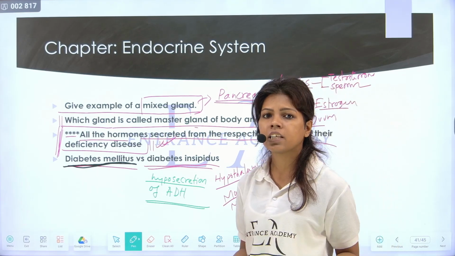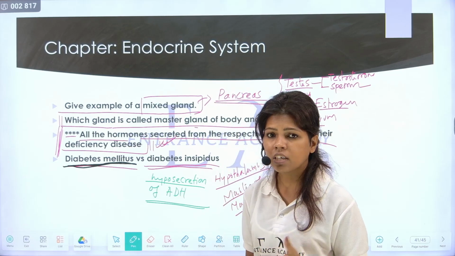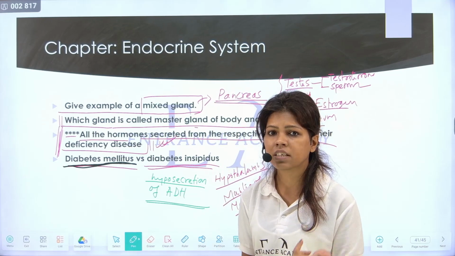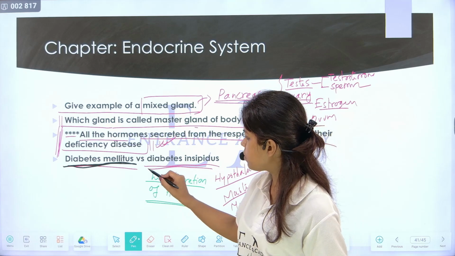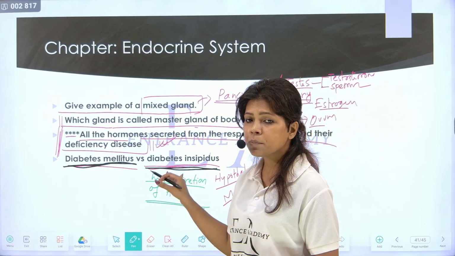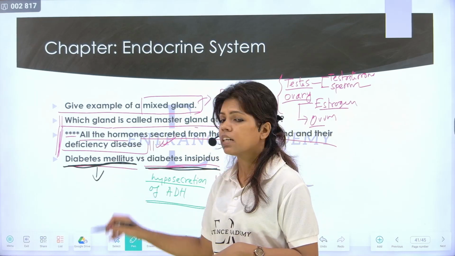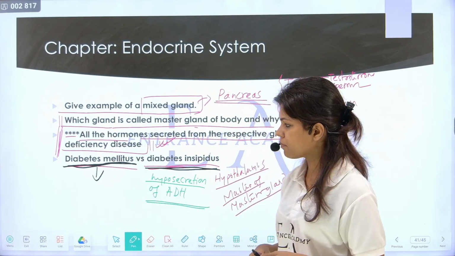Urine will be more diluted. So it will release excess water from our body, leading to diuresis or dehydration. And this problem is known as diabetes insipidus. But in case of diabetes insipidus, there is no sugar in the urine. But in case of diabetes mellitus, the urine is loaded with sugar.